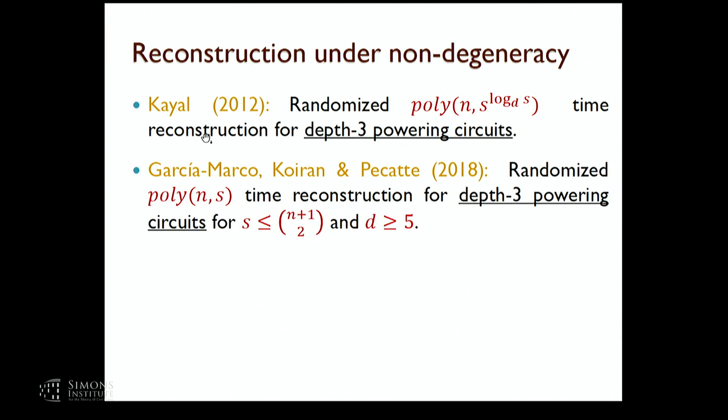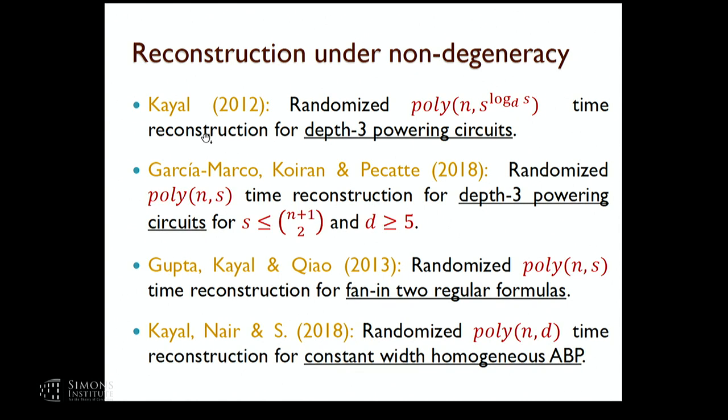So this is quasi-poly, whereas this is poly. There are also reconstruction algorithms for more general models, assuming non-degeneracy conditions. One is by Ankit, Neeraj, and Yuming, who gave a randomized reconstruction for regular formulas with fan-in 2. Regular formulas are formulas where the fan-in of the gates at every level are equal.